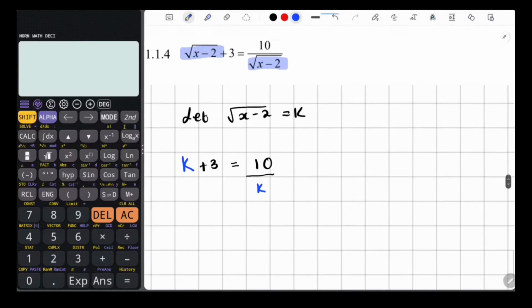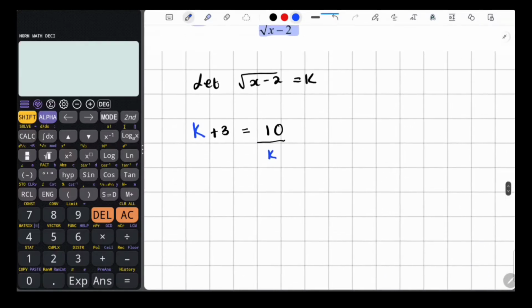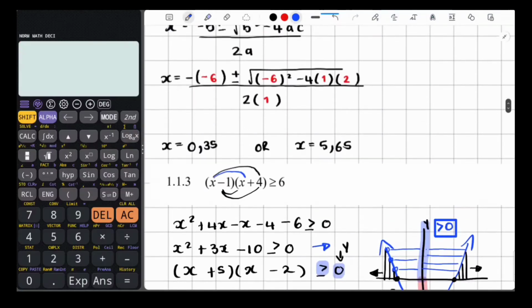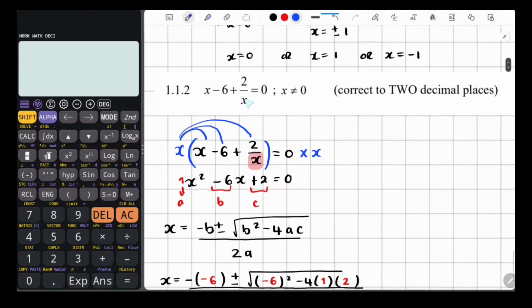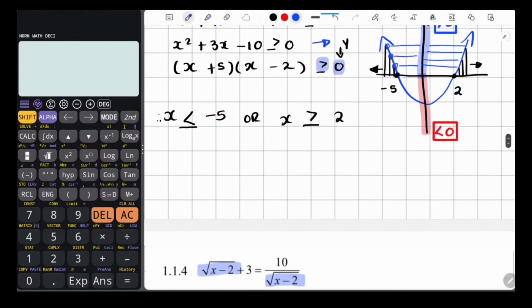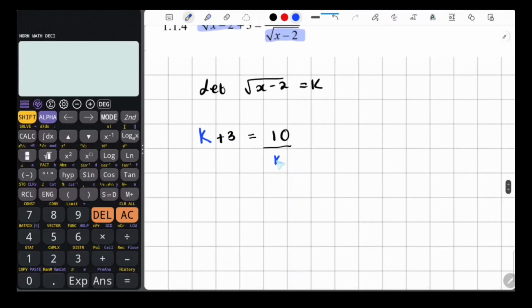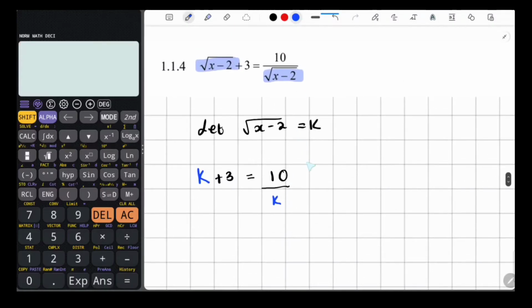Now, solving for k in this equation, just like the one that we had earlier, where we have the variable that we want to solve for in the denominator. Since k is on the denominator, we're going to have to multiply both sides by k to get rid of that k on the denominator, because that is stopping us from solving for k.